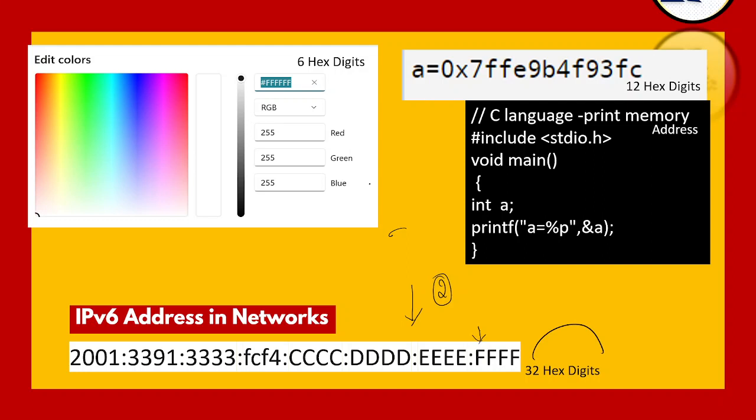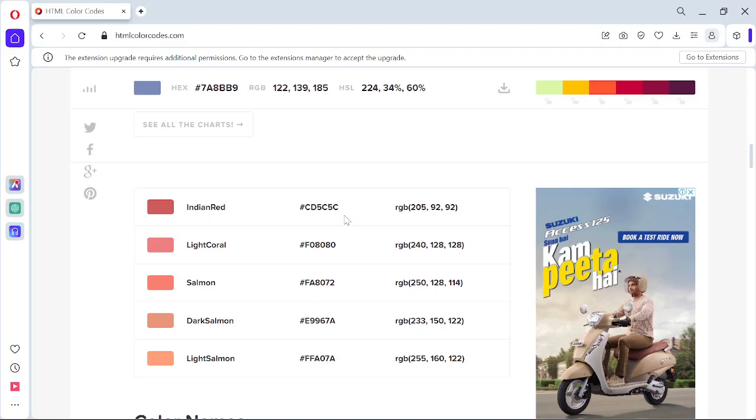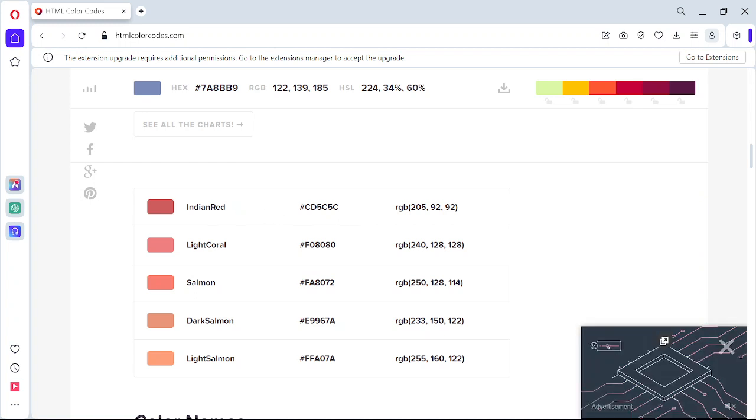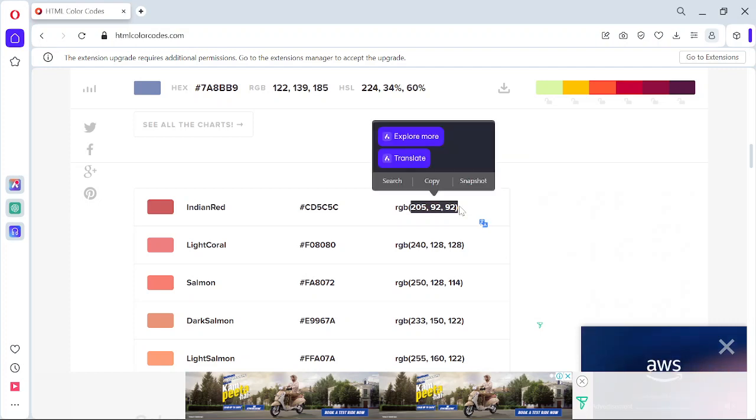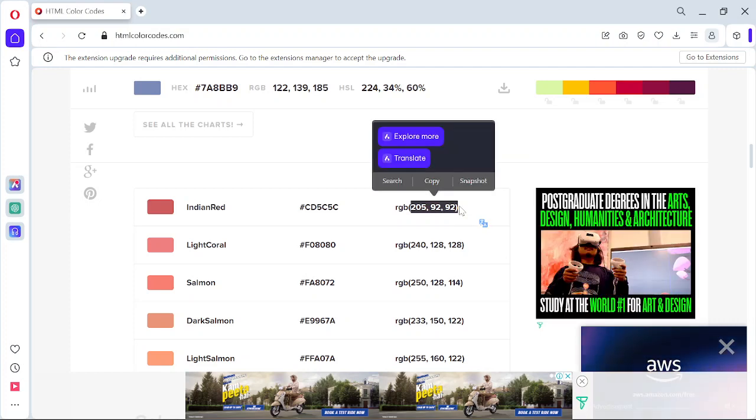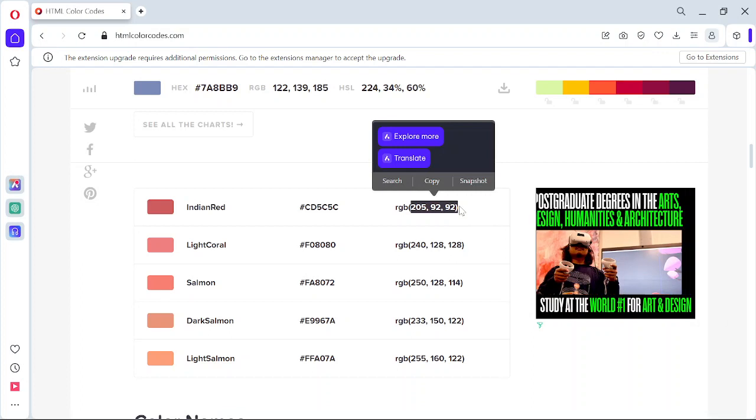And if you see some of your design applications, or you visit a website like this, it gives the color shade which you want to use in Paintbrush or Photoshop or even in HTML. You can use this decimal coding, RGB coding, because we know that there are three primary colors, red, green, blue, and each of them has 256 shades.